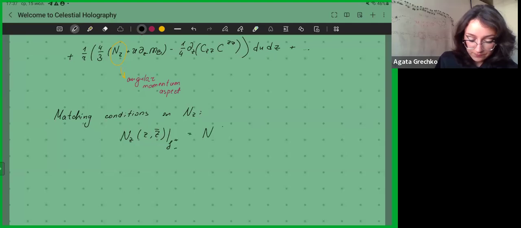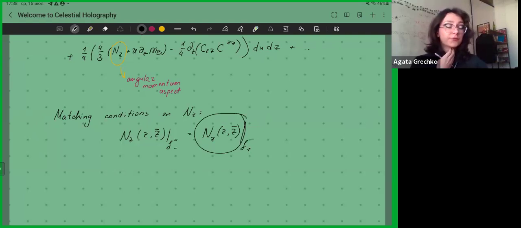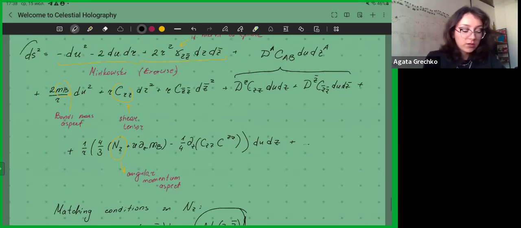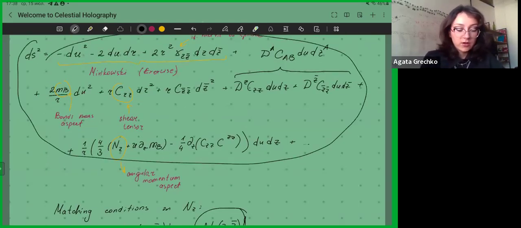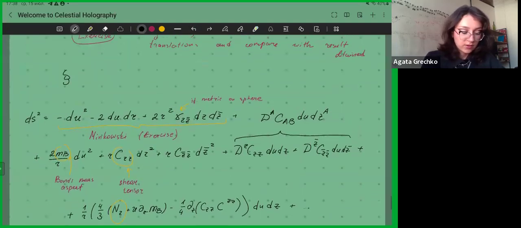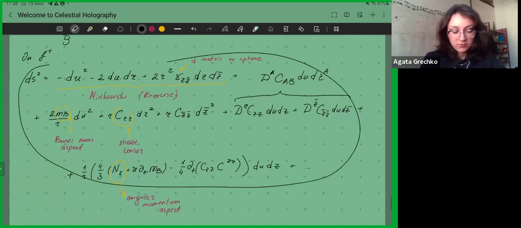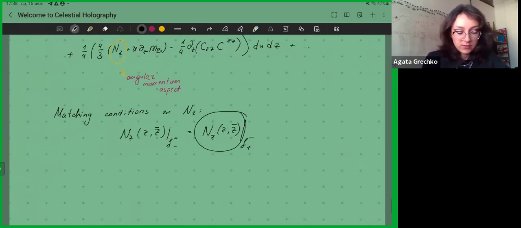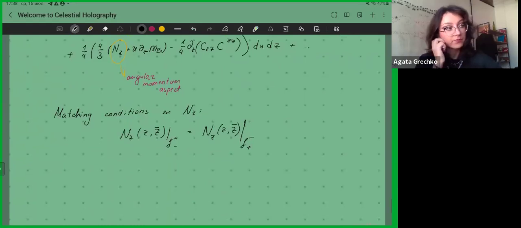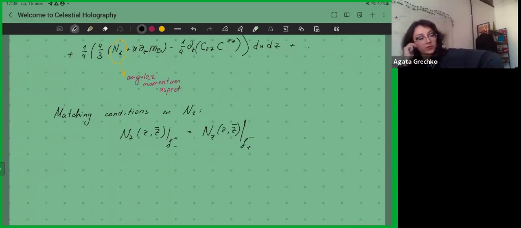They should match. And again, this thing here will be given if we write down the copy of the Bondi metric on the past null infinity. So this is on the future null infinity. If we write down the same thing with a little bit different letters on the past null infinity, they should coincide. The following component of the metric should coincide.